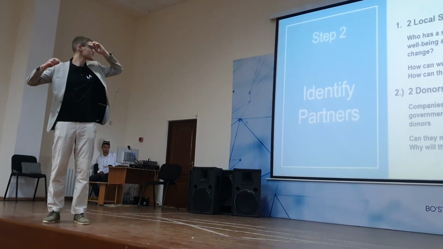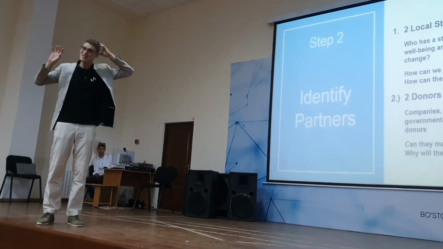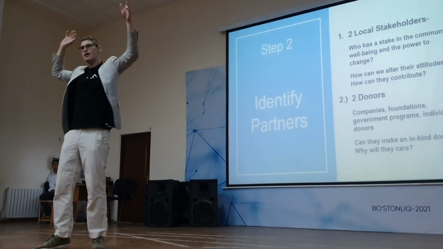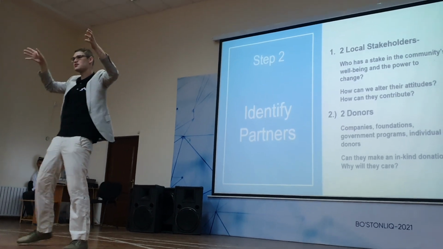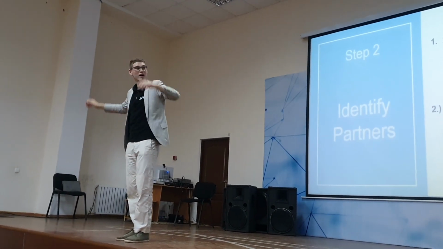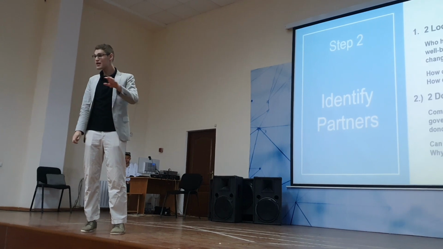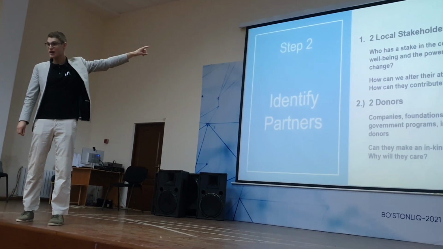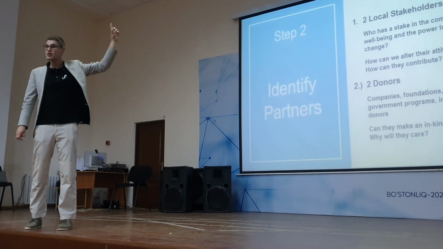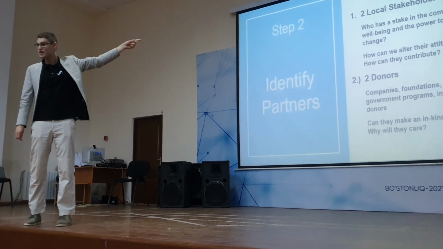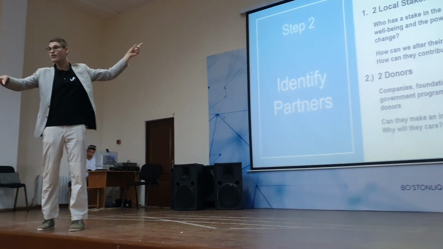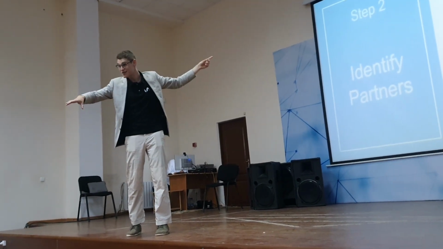So in the next 5 minutes, the last part of this presentation, you already have a problem, root cause, solution, 3 steps to fix that problem. Now I would like to ask you, identify 2 local stakeholders, okay? So 2 groups in the community that are affected by your project, and explain how they're affected and how you will either get them involved or prevent them from hurting your project, right?